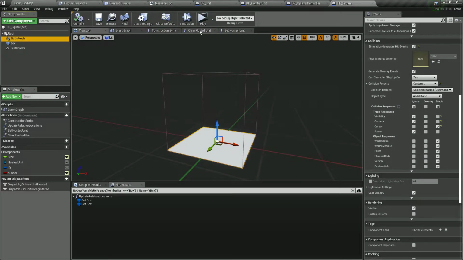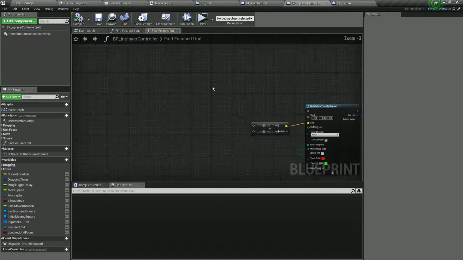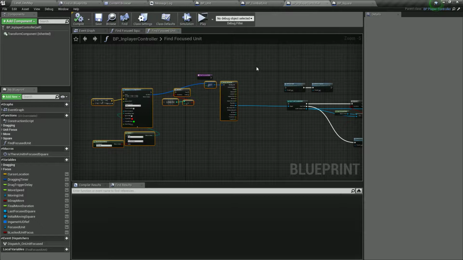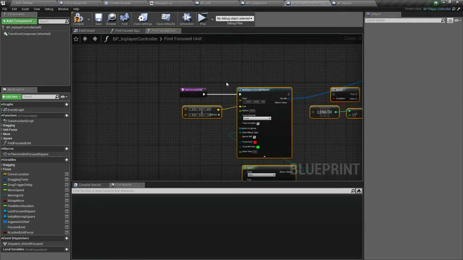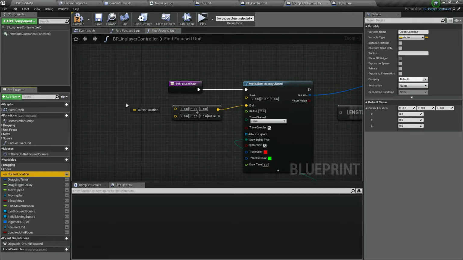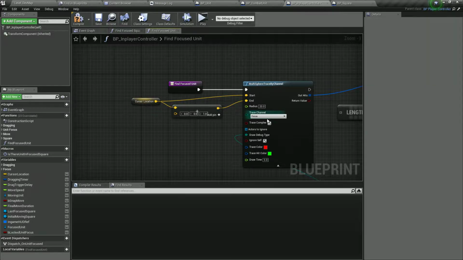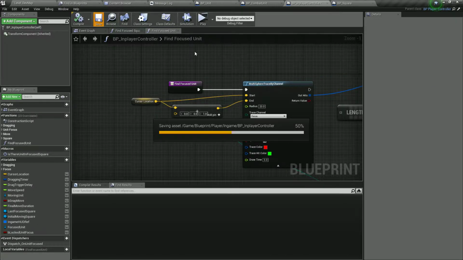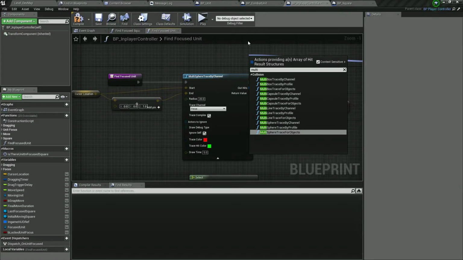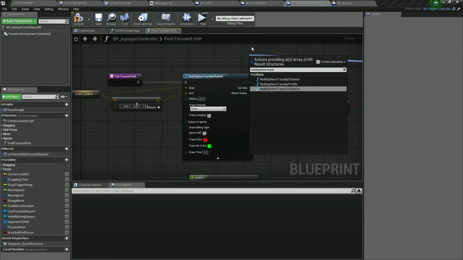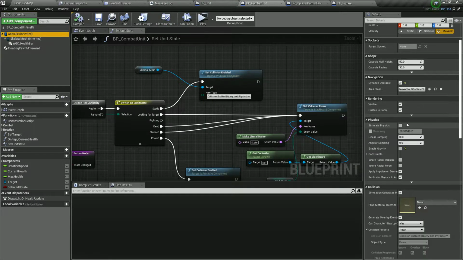But it doesn't matter. So in our player controller, when we find the focus unit, what do we do here? We actually grab everything we had. First thing we're going to do is use our multisphere trace by channel under our cursor location. We're going to do a multisphere trace for objects, and we're going to look for pawn, I think.